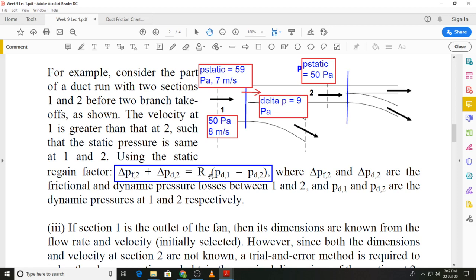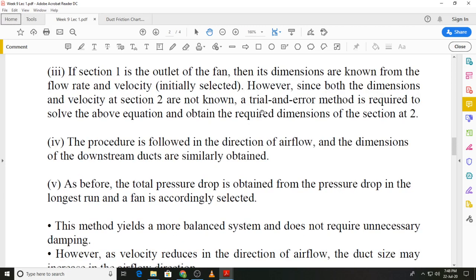And then once we have obtained the desired velocity for a particular segment of the layout by using the trial and error solution, we move forward to the next run. We will again reduce the velocity and repeat the process of iteration, and that is described in the slides that you are looking at.